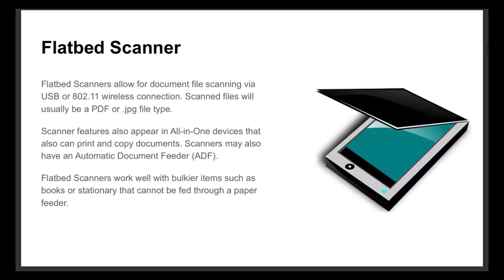Our next peripheral device is a scanner. A scanner is a peripheral device that allows us to convert paper documents into digital files. The two most common file types associated with scanners are PDF and JPG files.